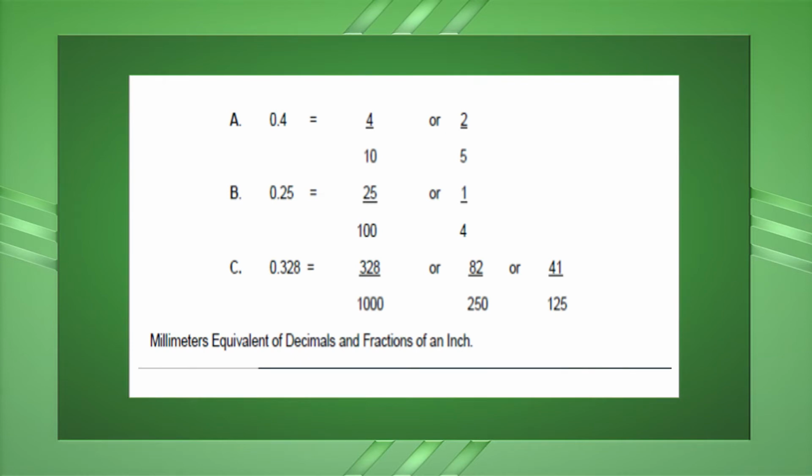Example, 0.4 is equal to 4 over 10. 0.25 is equal to 25 over 100, or 1/4. And 0.328 is 328 over 1000, or 82 over 250, or for the lowest term, 41 over 125.